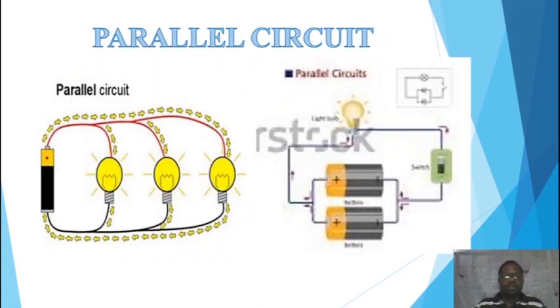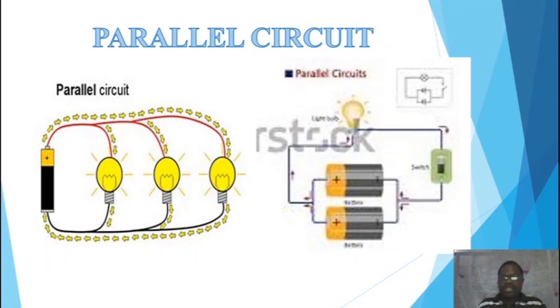So look at the parallel connection. If you watch here, you see on the left hand side the three bulbs, they are connected in parallel. So when you connect the bulbs in parallel, the brightness of all of them will be the same.